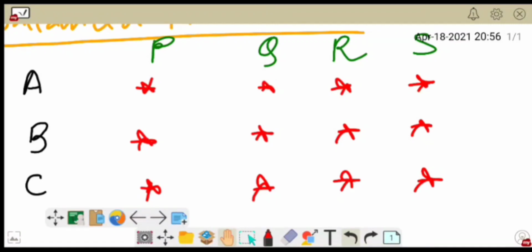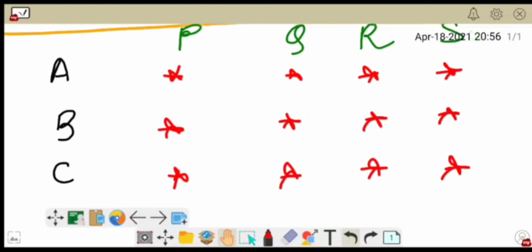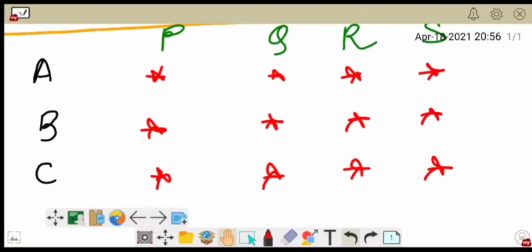Here you can see 4 columns and 3 rows. Sometimes it can be the other way, 4 rows and 3 columns, which is also possible. It works in a similar way, so I am not writing down this matrix again because it would take time and make this video too long.